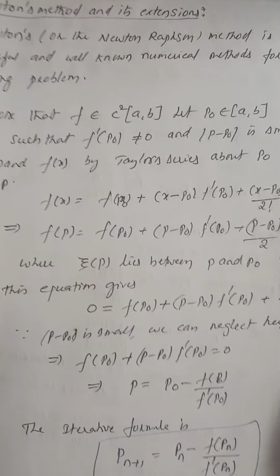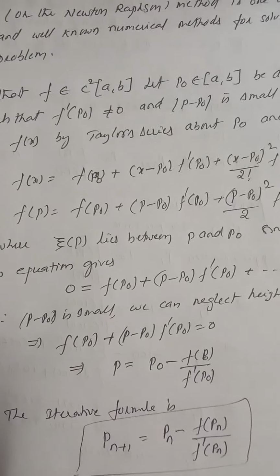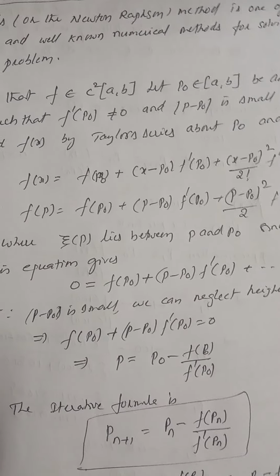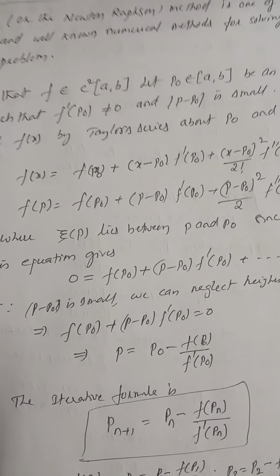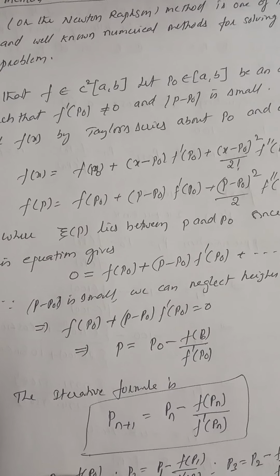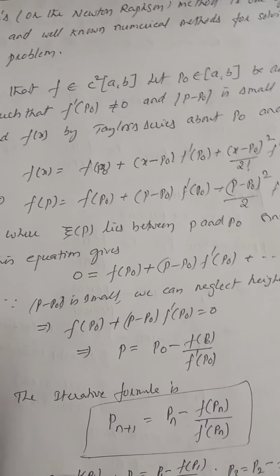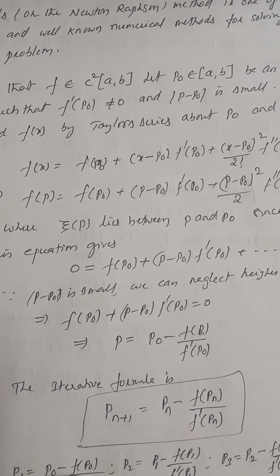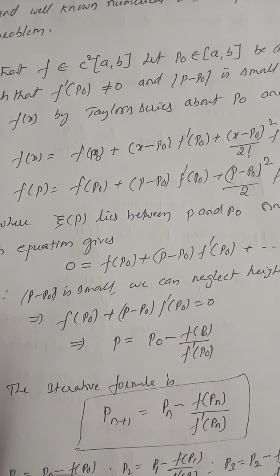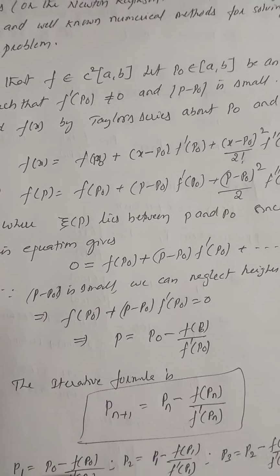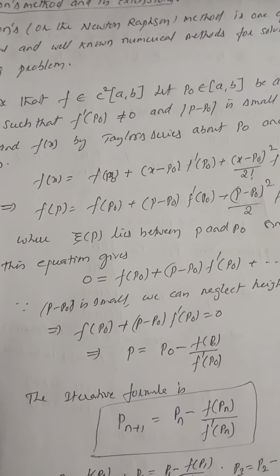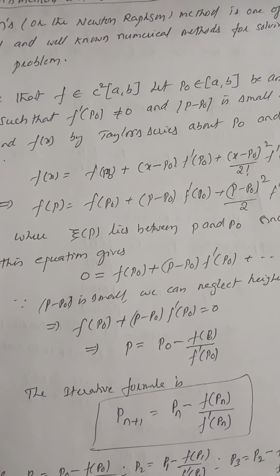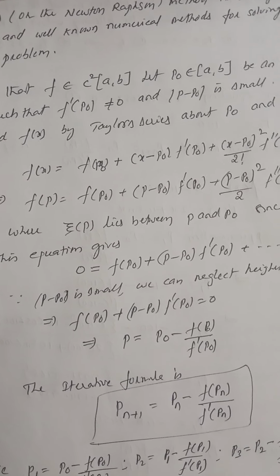Actually Taylor series is of the form f of x is equal to f of x naught plus (x minus x naught) into f dash of x naught plus (x minus x naught) whole square by 2 factorial into f double dash of x naught plus (x minus x naught) whole cube by 3 factorial into f triple dash of x naught and so on. Right, now we are expanding f of x around p naught. That's why in the place of x naught we are writing p naught.